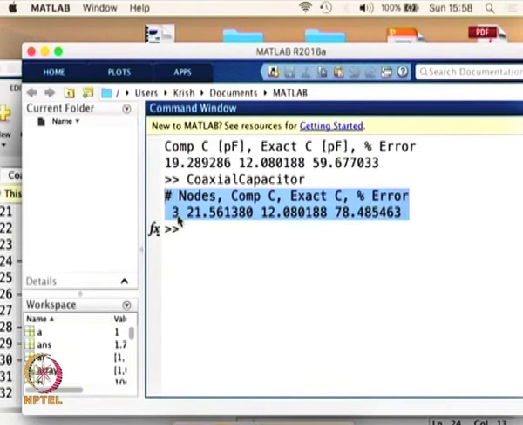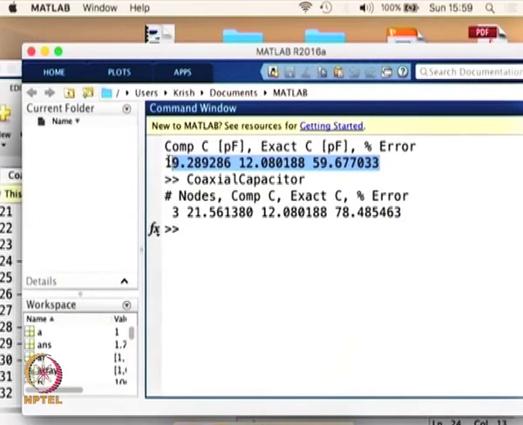So here also you have 3 points and here also you have 3 points, and what you see is the computed value here is 21.56, whereas the computed value with the quadratic element is 19.28, and the exact value in both the cases is the same, 12.08, and the error in the quadratic element is 59%, whereas the error in the linear element is 78%, which is quite high compared to what we get with the quadratic element.